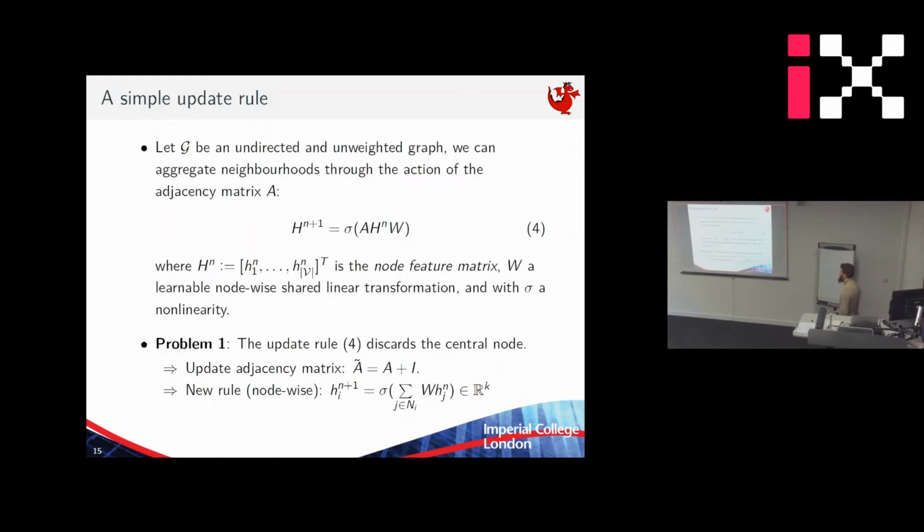For each node I, you take all the nodes it's connected to, you multiply the corresponding feature vectors by this learnable matrix, and remember it will be the same for all the nodes, it's shared. You sum them, and then you apply that nonlinearity, and you get your new update rule.